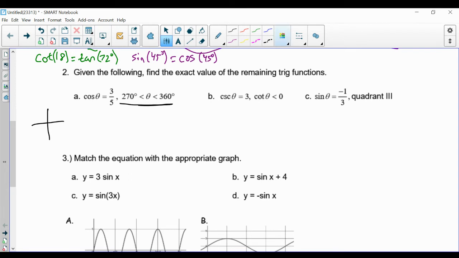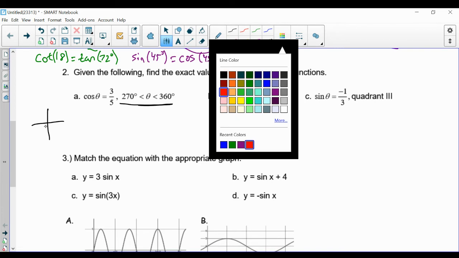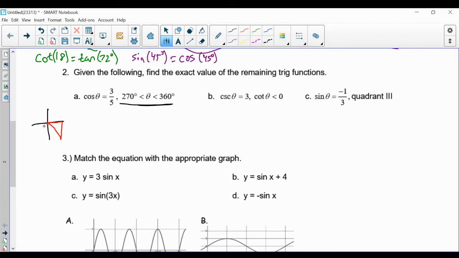So that would mean our triangle has to be in quadrant 4, because that would be past 270 but before 360. And then we just remember our SOHCAHTOA, that's our adjacent side, that's our hypotenuse. And you either use the Pythagorean Theorem or you realize this is a 3, 4, 5 triangle.